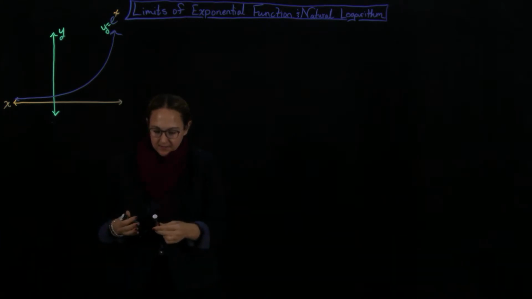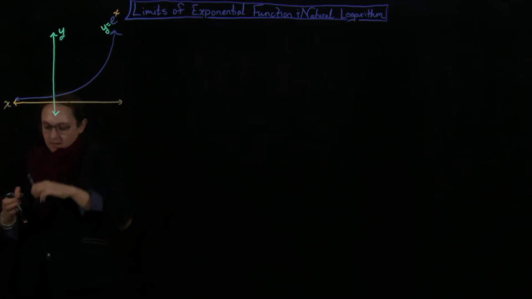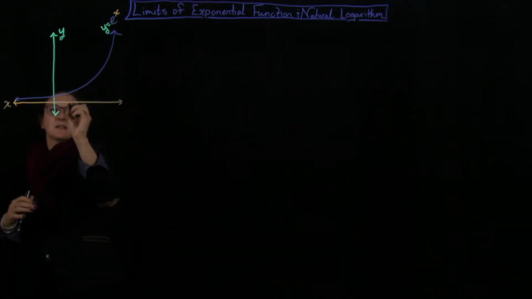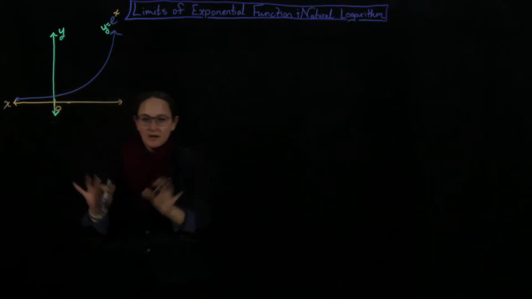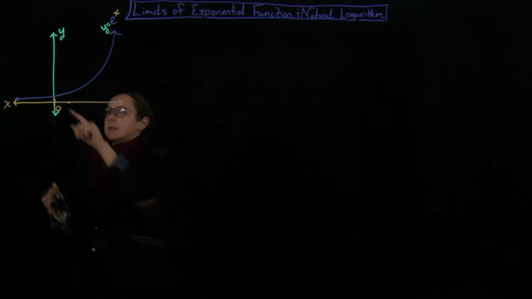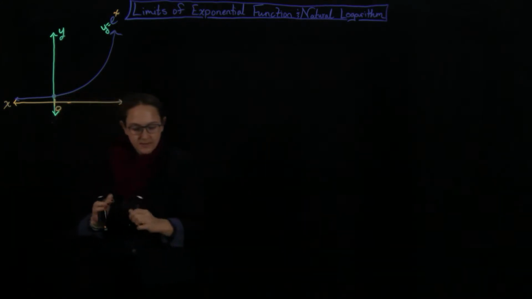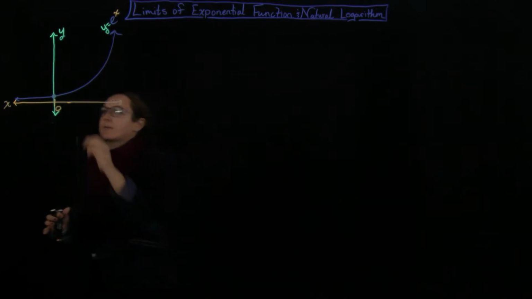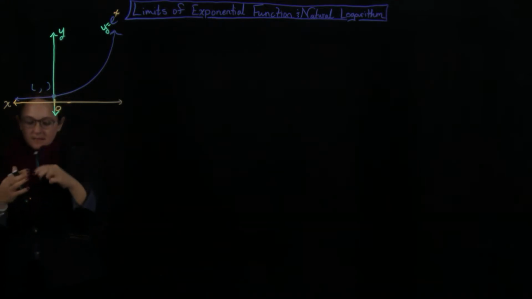What are a few things to notice here? What happens if I put in 0 into this? Just to orient your mind as to what's going on, what is this point? Well, I need 0 and then g of 0.